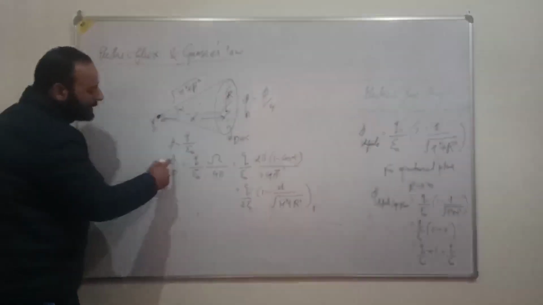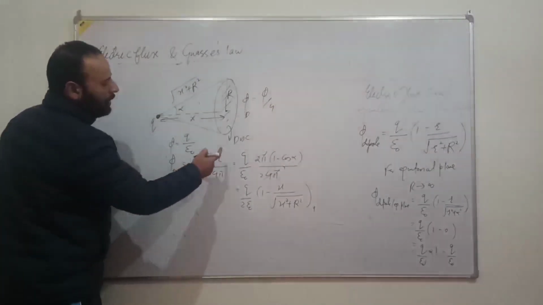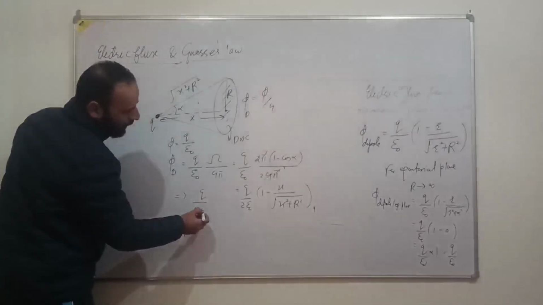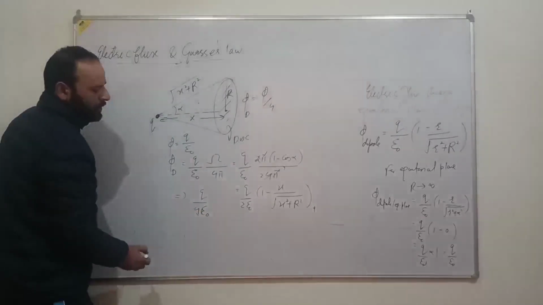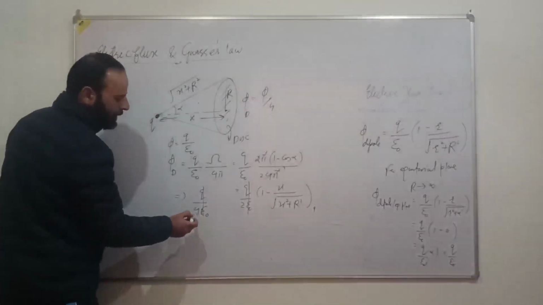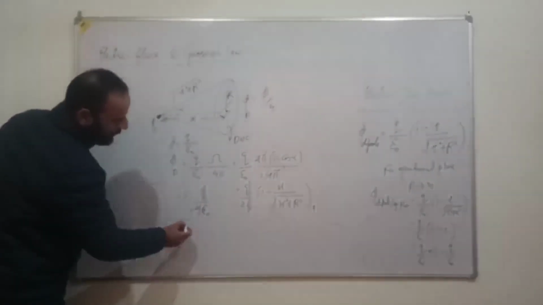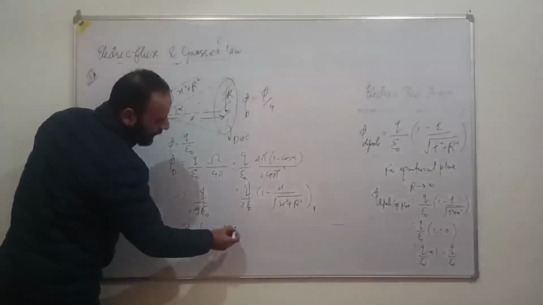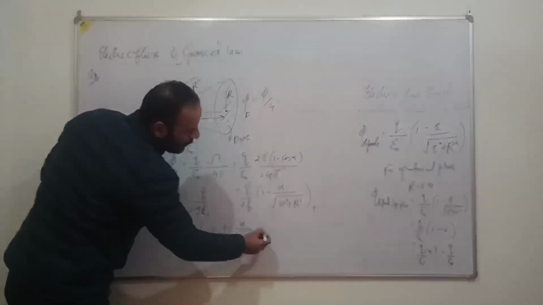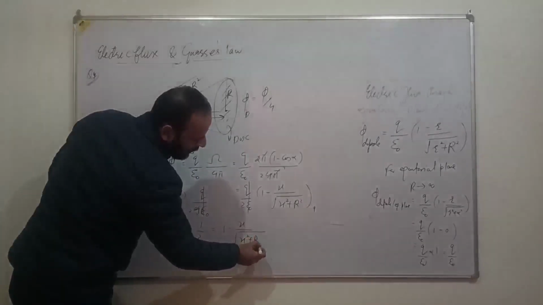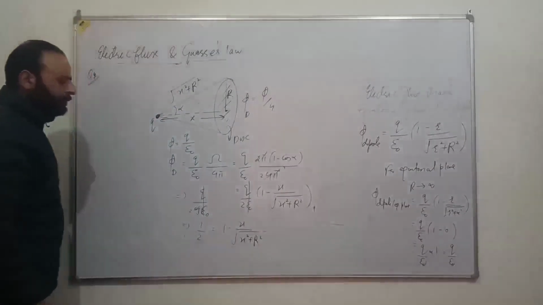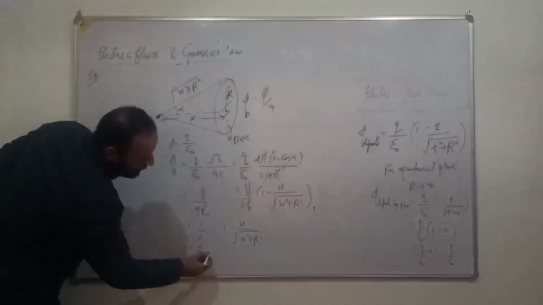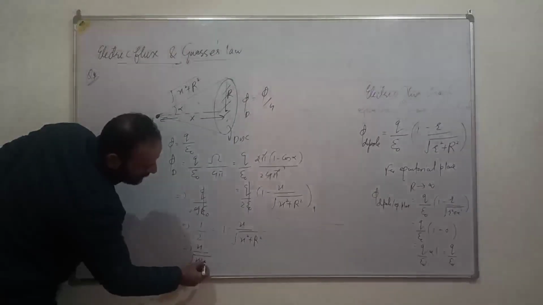Now, it is given that phi disk is equal to phi divided by 4, so Q divided by 4 epsilon naught. The epsilon naught cancels, so this implies 1 by 2 is equal to 1 minus x divided by under root of x square plus r square.